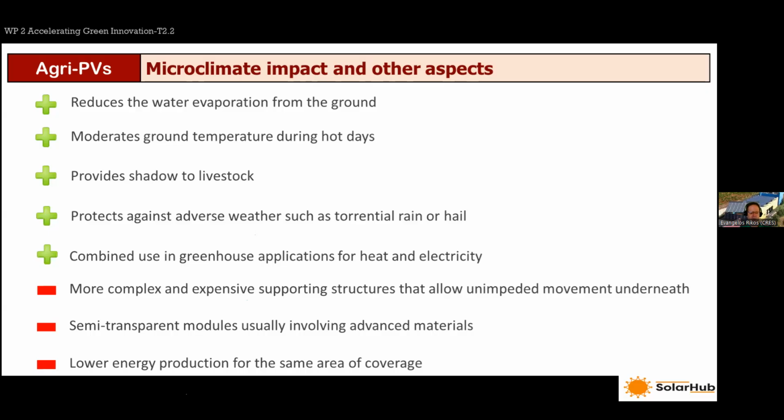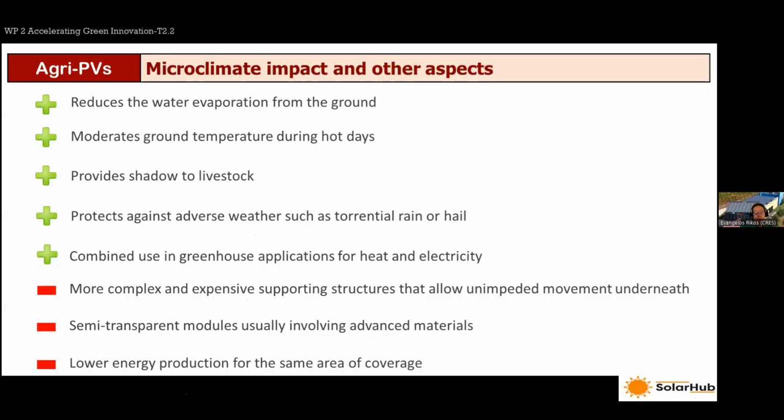They are semi-transparent, and this means that they involve the use of some more advanced materials as opposed to conventional PV modules. Even though the technology is not entirely new, because also in buildings this transparency is a requirement, so it's not like a huge disadvantage, to be honest.